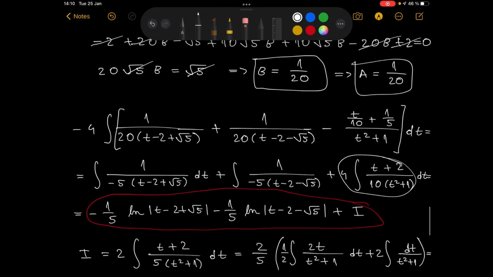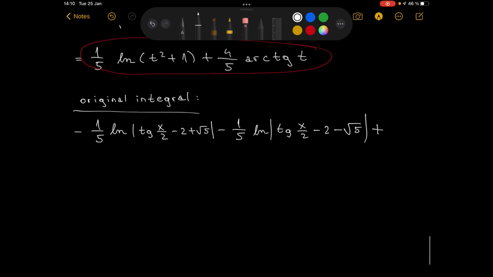plus 1/5 of ln of tangent squared of x over 2 plus 1 plus 4 over 5 arc tangent of x squared over 2. So we can just, the arc tangent and the tangent will cancel each other out.